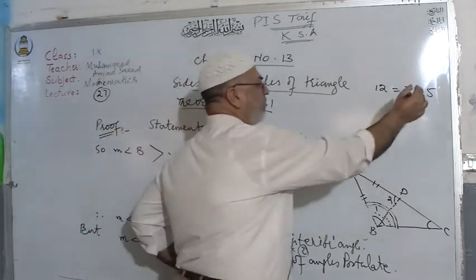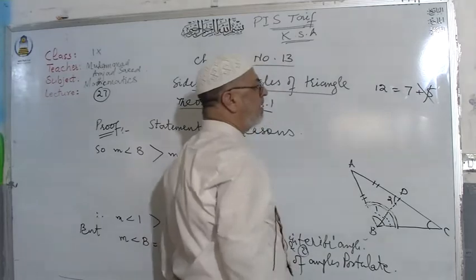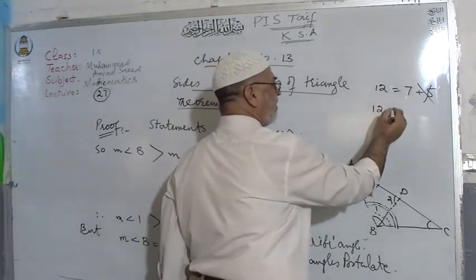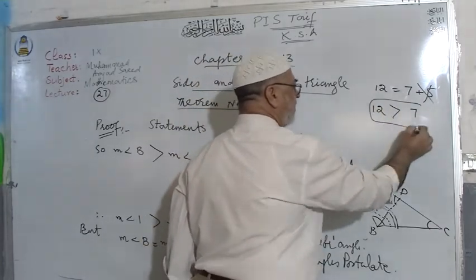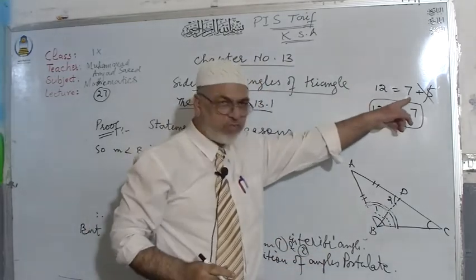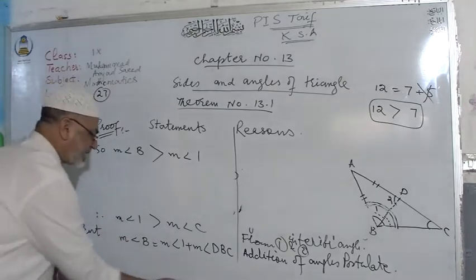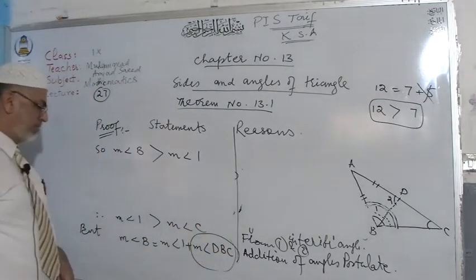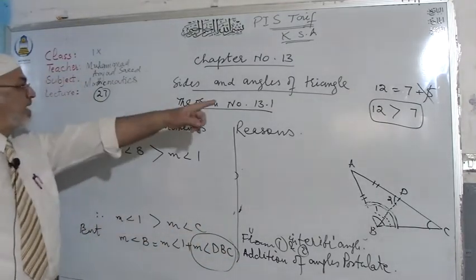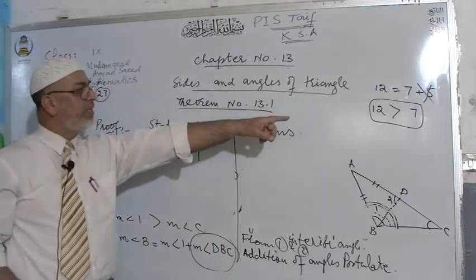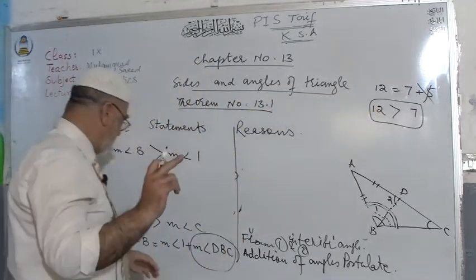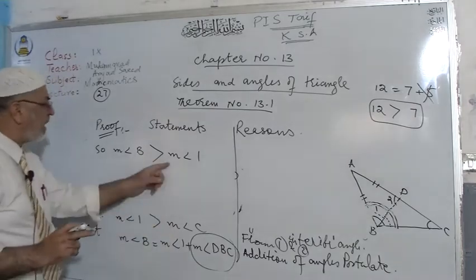If I remove this 5, then the left side will be greater than the right hand side. 12 will be greater than 7. Here I am removing this angle, so definitely angle B will be greater than one part, that is 1.